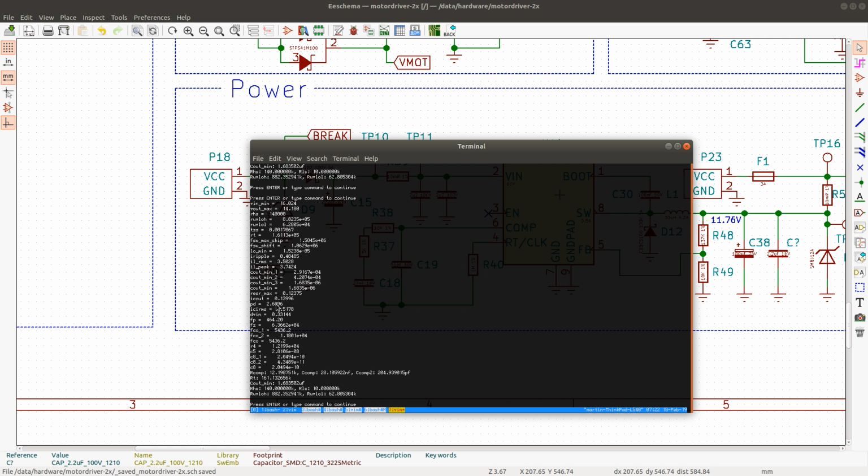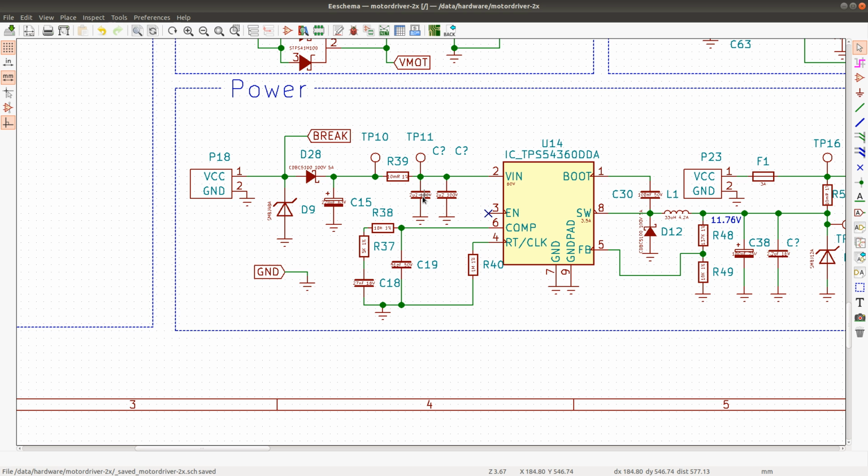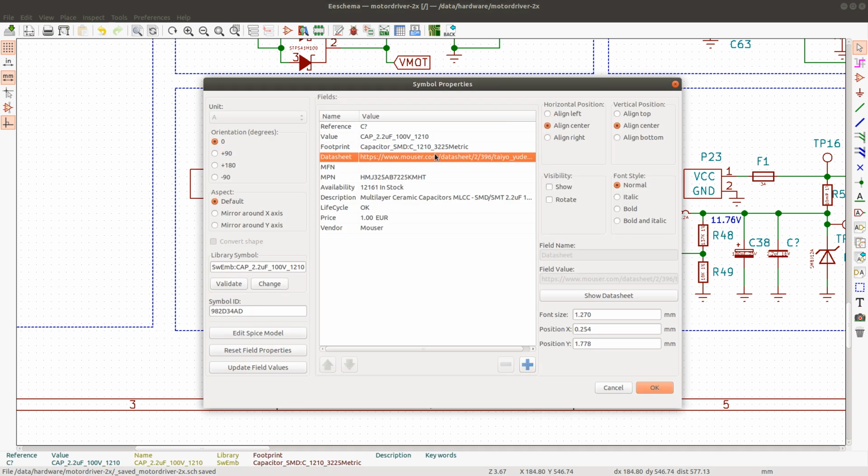Yeah, and then I get the voltage ripple of 331 millivolts, and the current on the capacitor is 1.5 amps, but since this is ceramic capacitors, they're going to be fine with that. We could check if the datasheet says anything about that. Let's see.